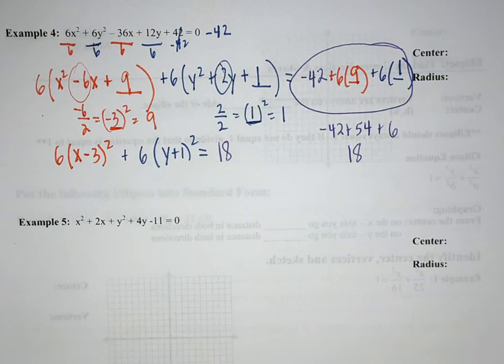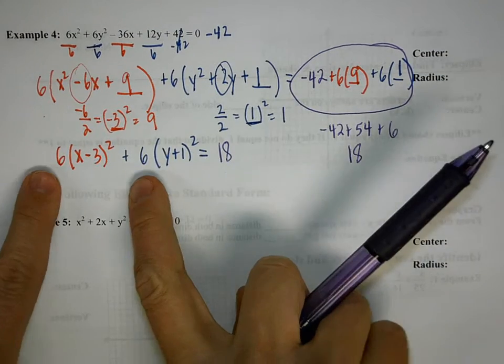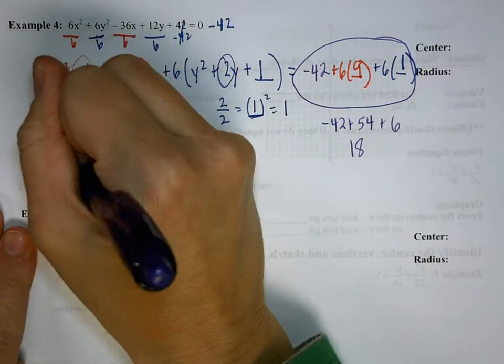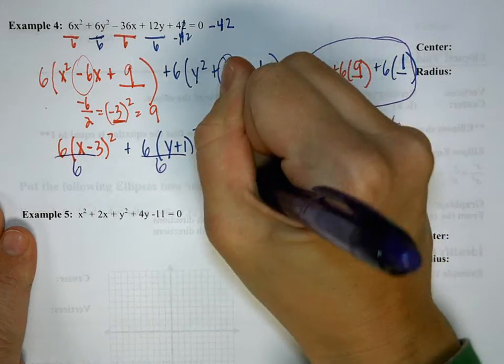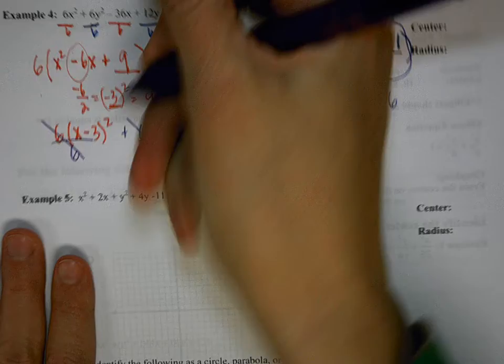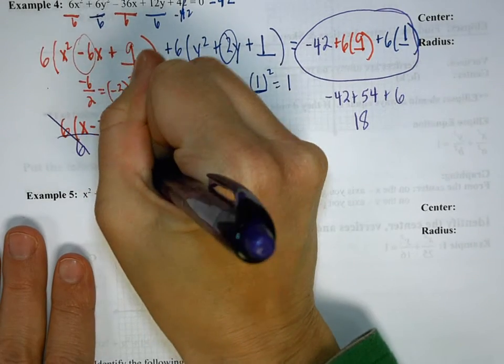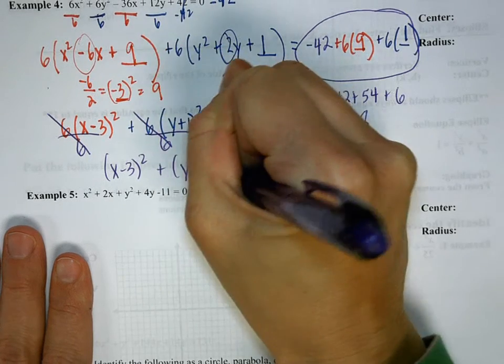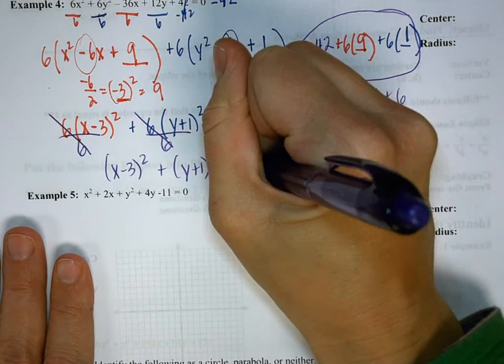Okay, and again, we cannot have these values in front. So our last step here is to divide each of these by 6, because we cannot have a number in front of our terms. So these cancel, and I get x minus 3 squared plus y plus 1 squared equals, and 18 divided by 6 is 3.